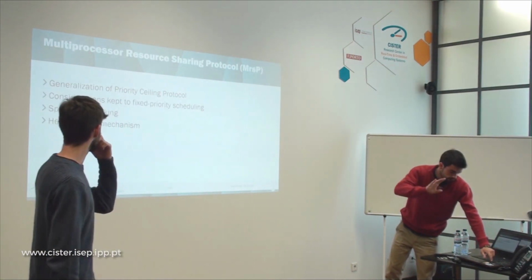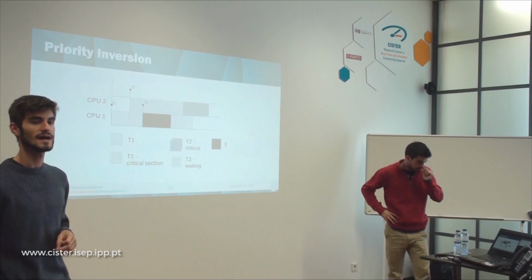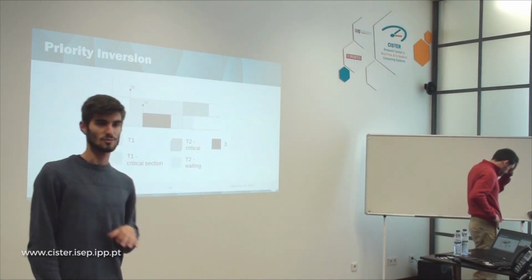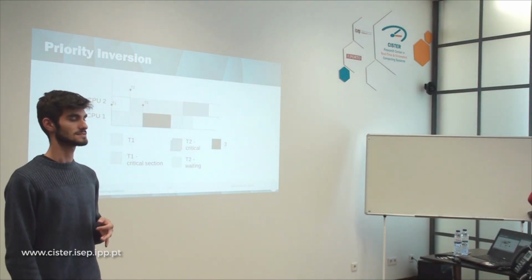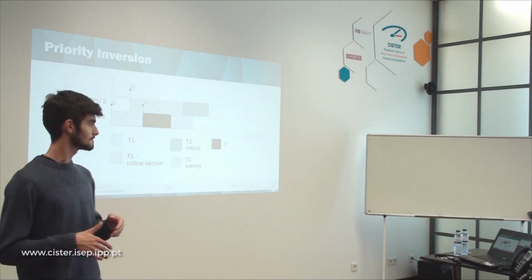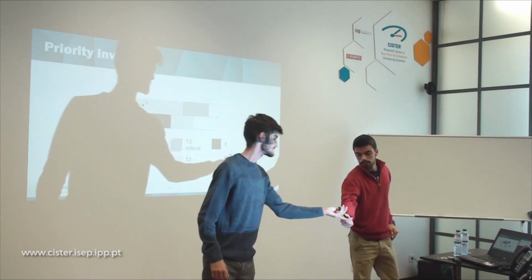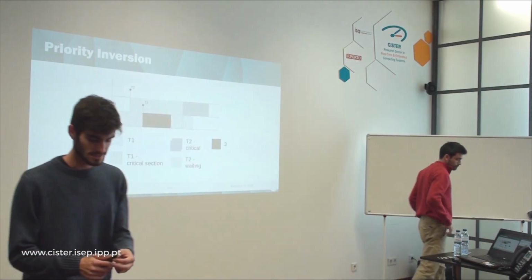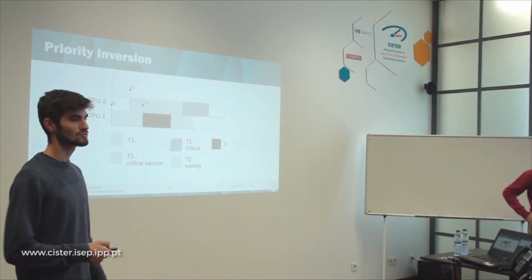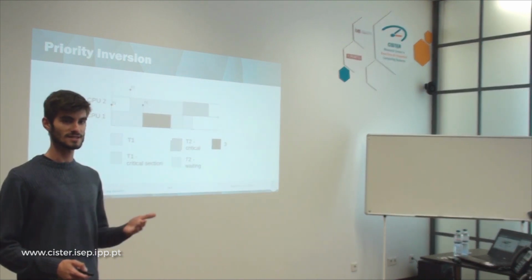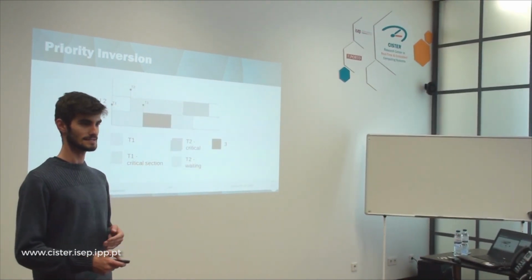So the priority inversion happens when a high priority task is not allowed to run due to the execution of lower priority tasks than this.